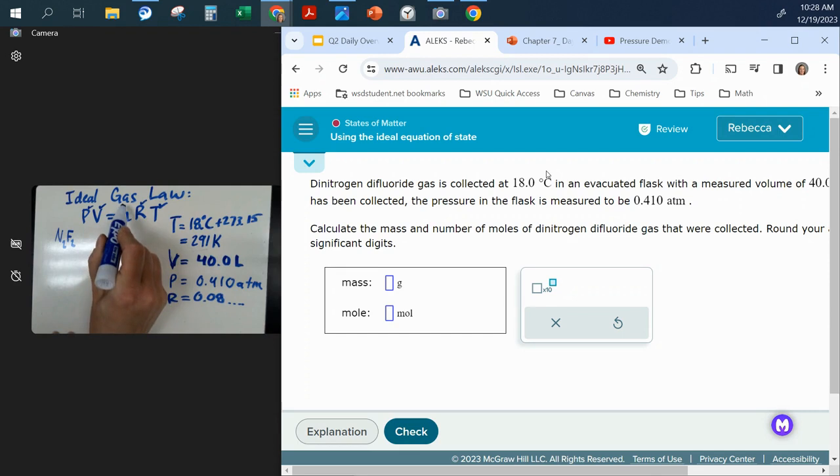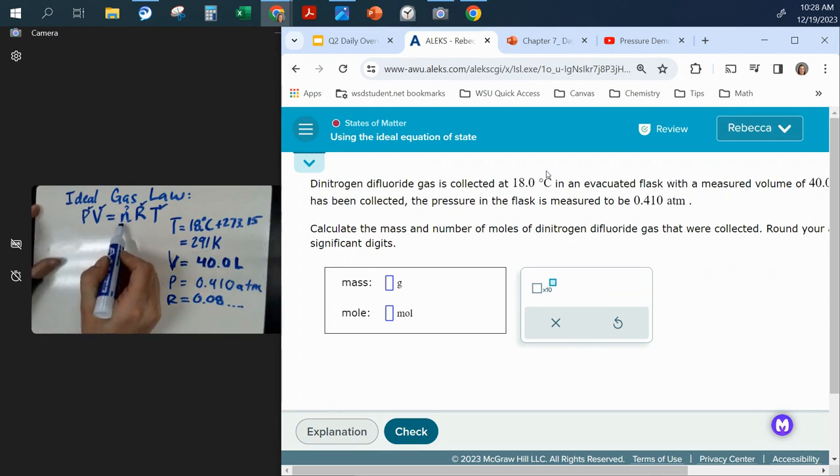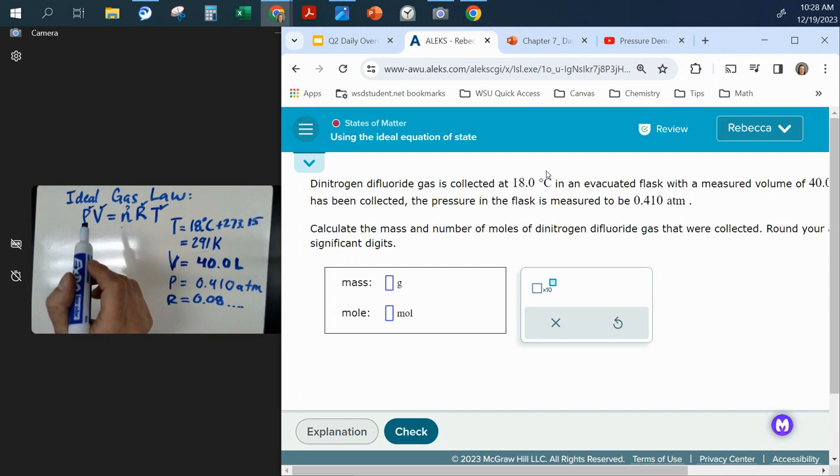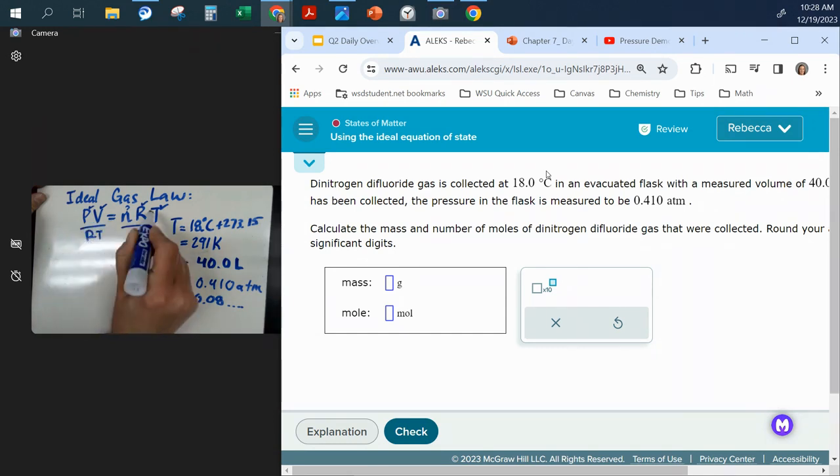We're looking for number of moles. So this is now an algebra problem. How do we solve for N? How do we get N by itself? Yeah, divide both sides by RT, and that will give us N by itself.